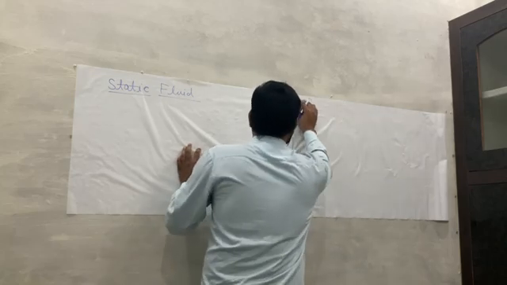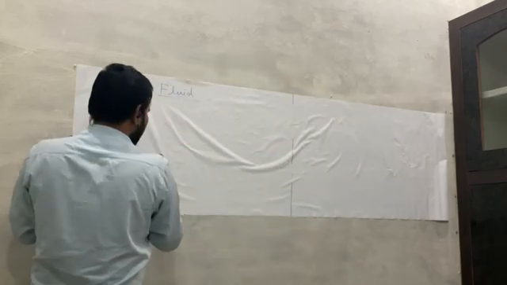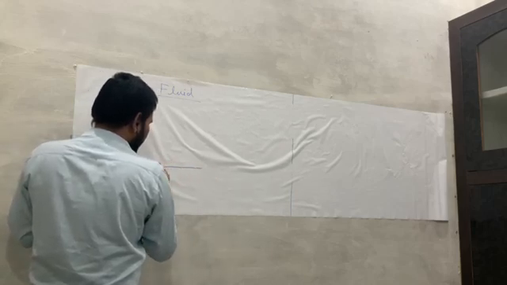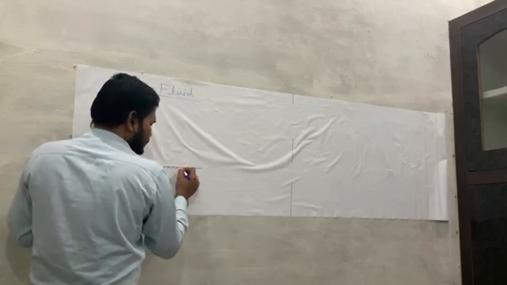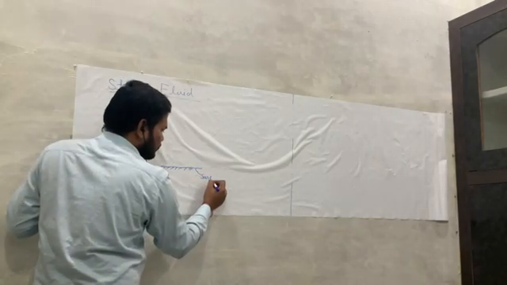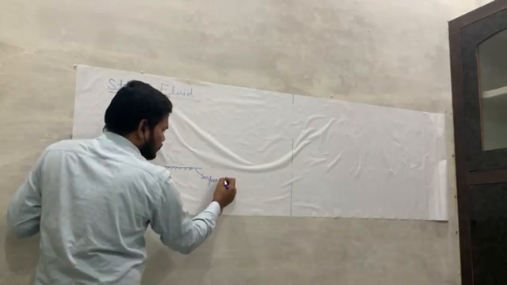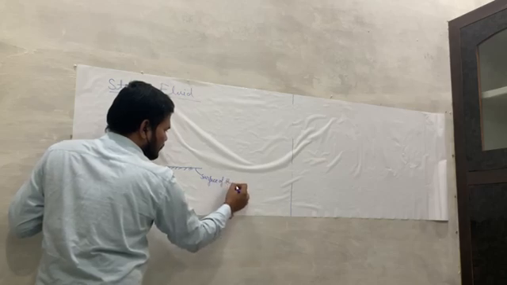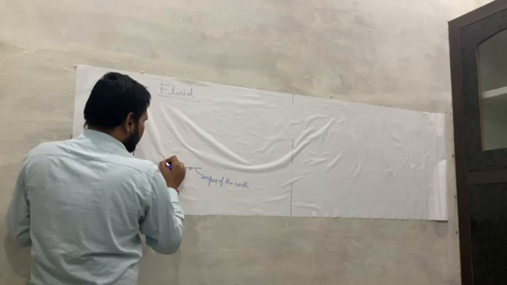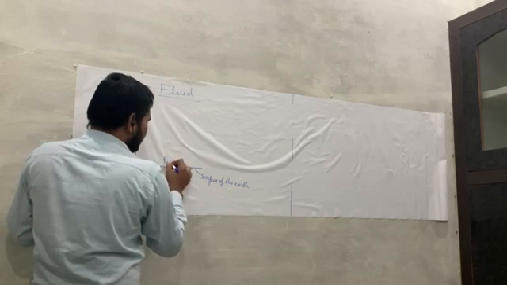Now we will discuss the atmosphere. Suppose this is the surface of the earth, and here the atmospheric pressure is P naught.